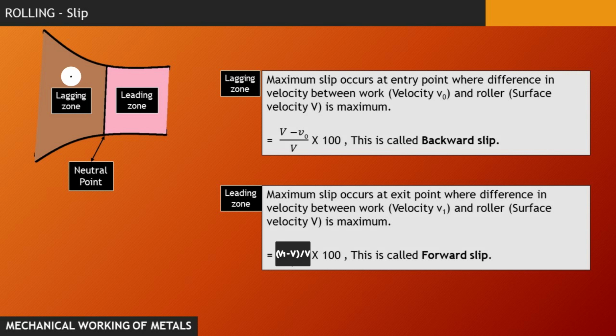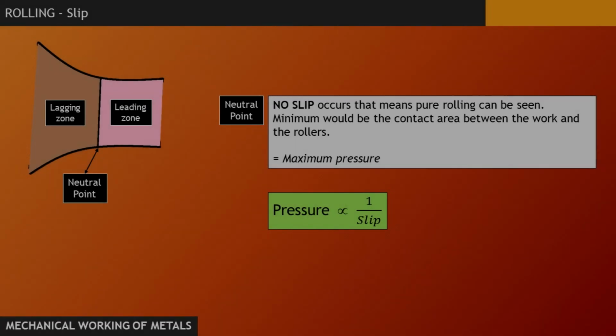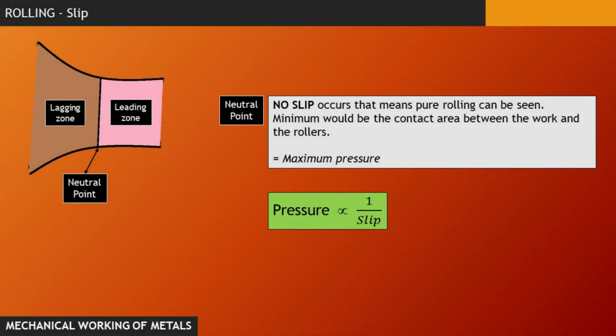Again, the lagging zone is the part of the deformation zone between neutral point and the entry point of the workpiece, whereas the leading zone is the part of the deformation zone between neutral point and the exit point. Now, as we have already discussed, at the neutral point no slip occurs.